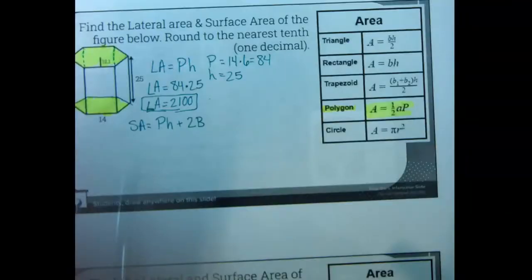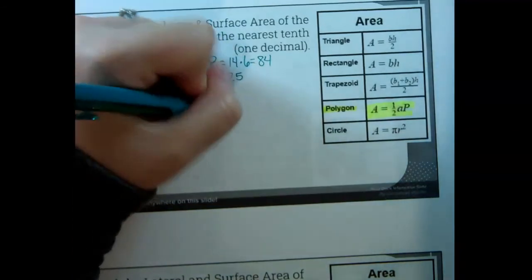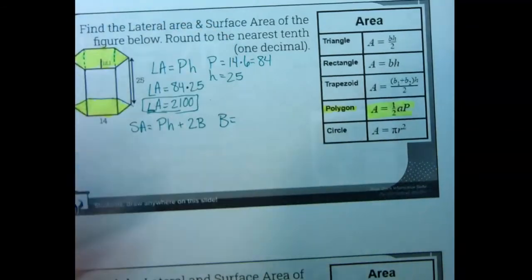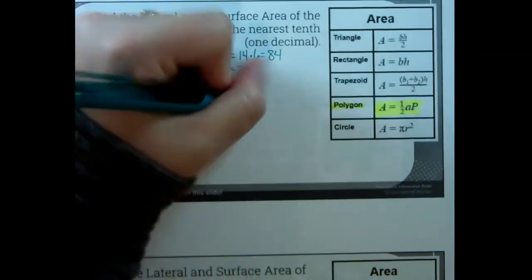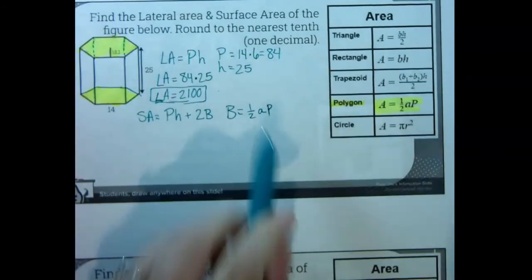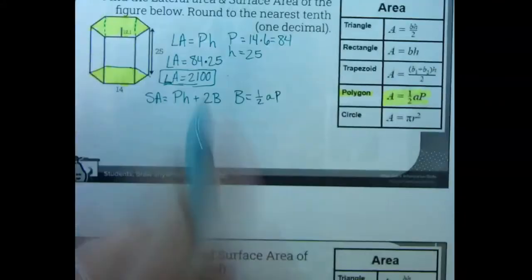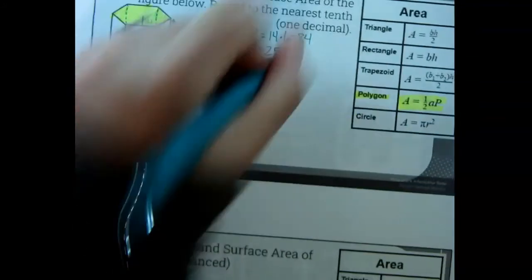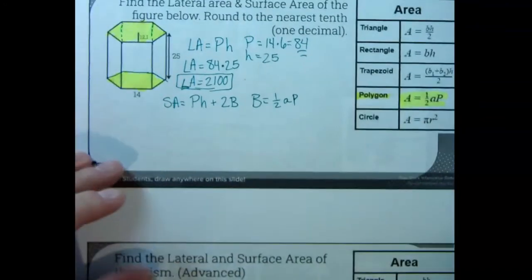So this is important now, because the area of our bases is going to give us our capital B. And we are going to use this 1/2 AP formula. The area of our base is 1/2 the apothem times the perimeter, which the cool thing is we already have the perimeter of the base.